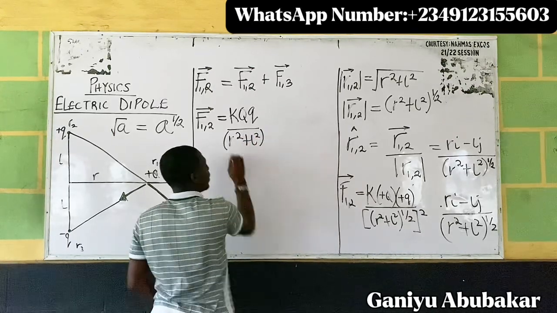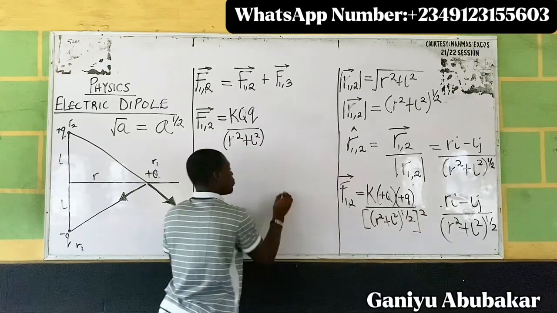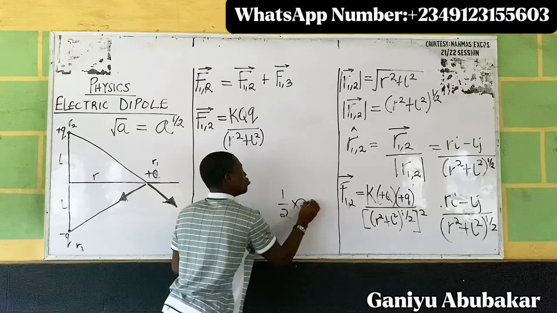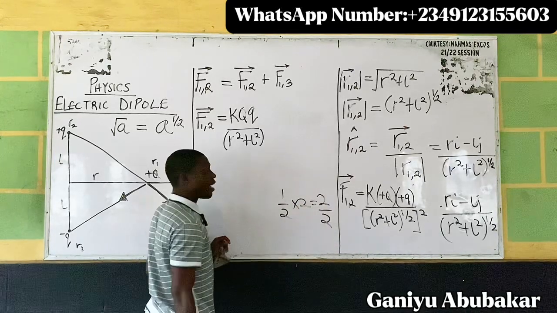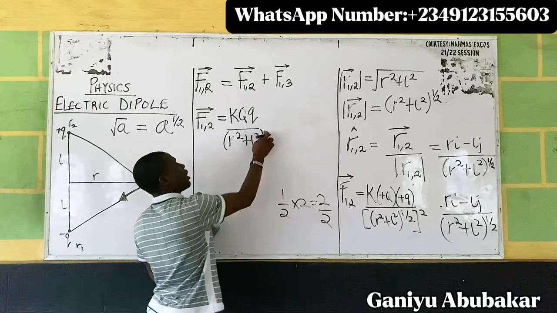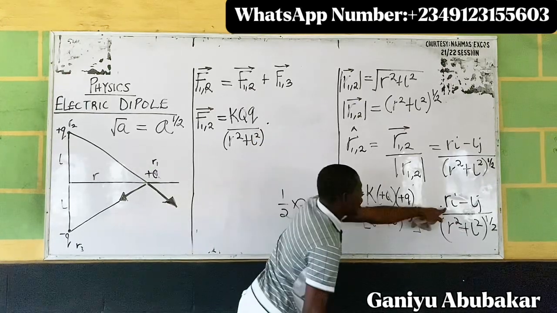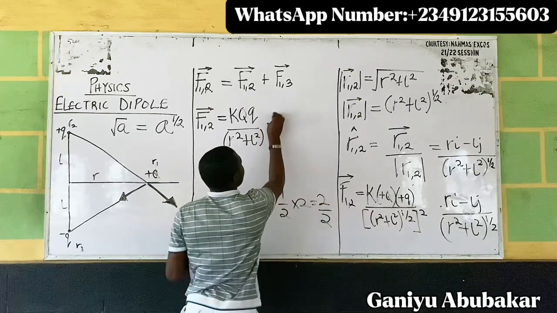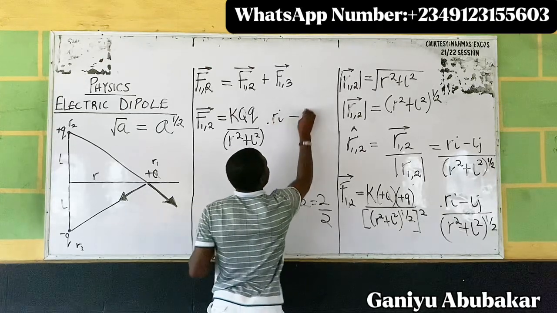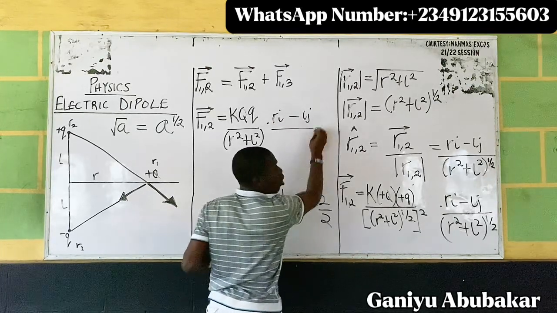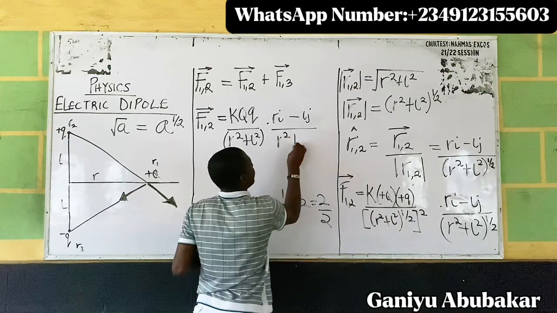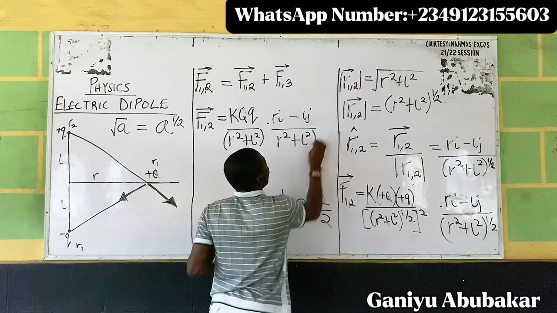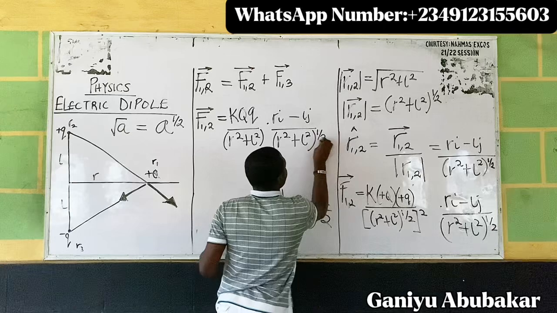I have it this way, half times 2, 2 times 1 is 2 over 2. I have 1 as my answer, right? So the 1 is here, dot ri minus lj all over r squared plus l squared all to power half.